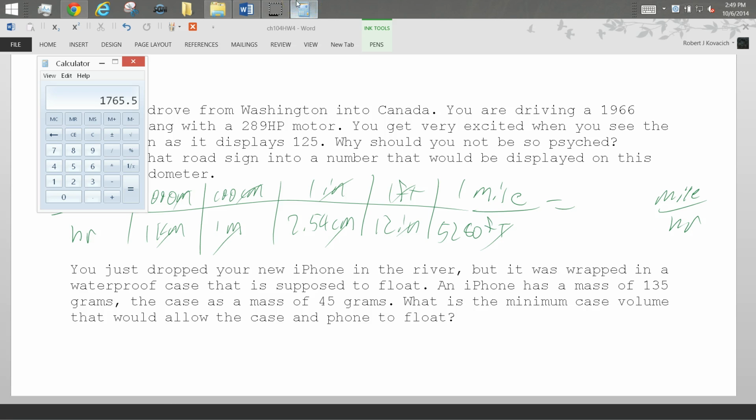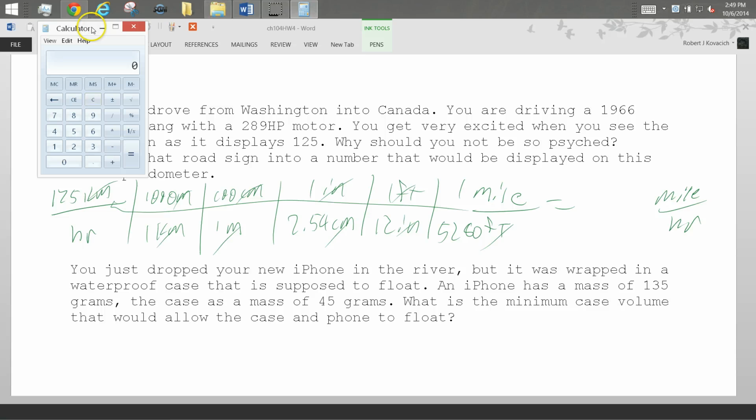And what do we got here? So 125 times 1,000 times 100 divided by 2.54, divided by 12 and divided by 5,280.